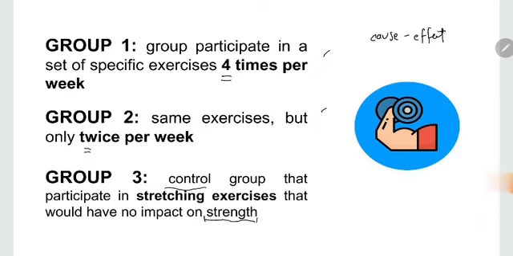Cause and effect relationship. So ang cause, kinontrol mo siya. Binigyan mo sila ng iba't ibang frequency of exercising, di ba? Tingnan mo kung paano yun makaka-apekto, effect on their strength, level of strength. Yung isang grupo nga, hindi mo binigyan ng strength, ng exercises, stretching siya. So ano yung gusto mo kasi i-compare, yung magiging effect.